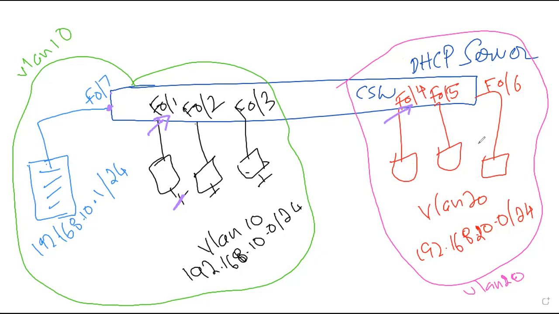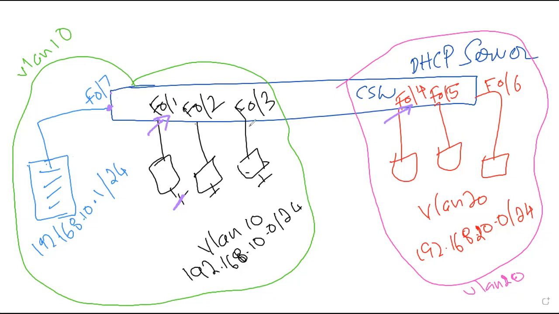These are edge devices which cannot release the IP because the DHCP is located in port number 7, which is on a different VLAN. So this request is not reaching port number 7. That is the reason the DHCP server is not knowing that somebody is asking for an IP from the VLAN 20 range.